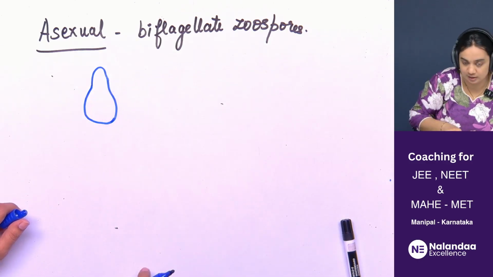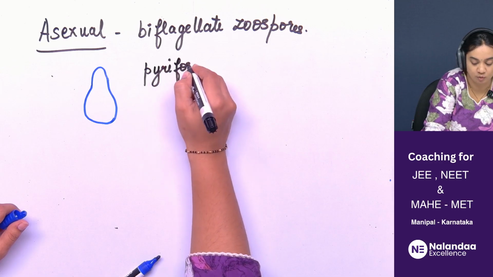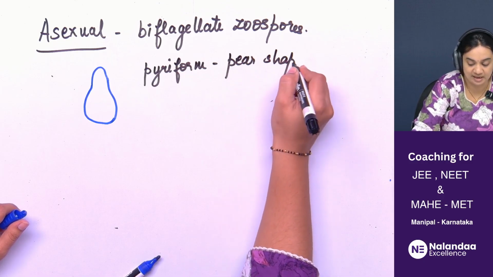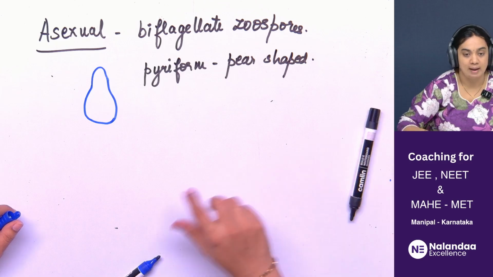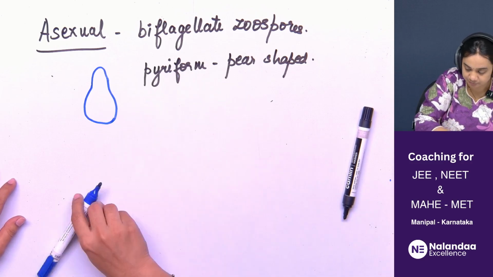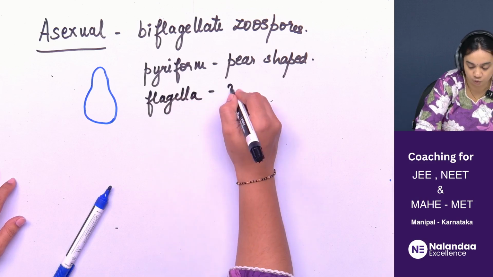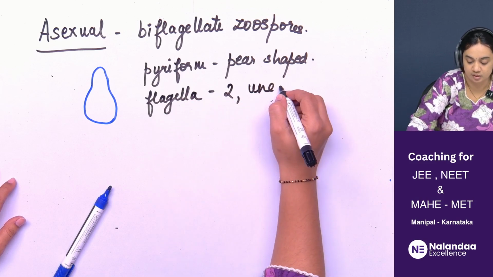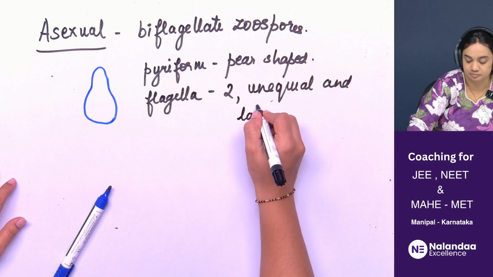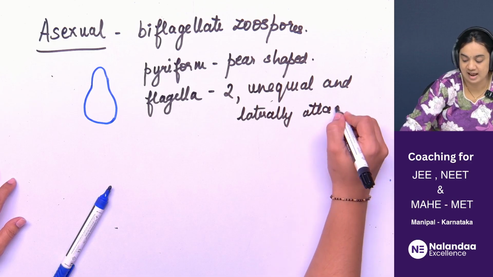It's called pyriform or pear shaped gametes or spores, and it has flagella that are 2 in number, unequal, and laterally attached.